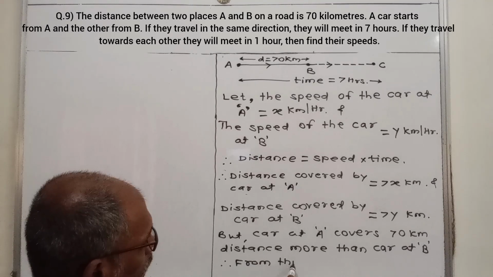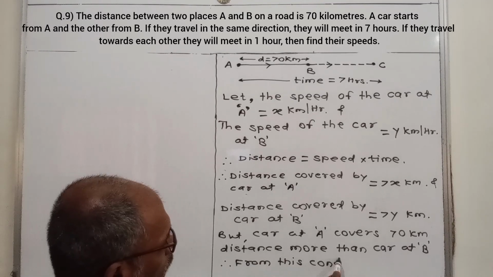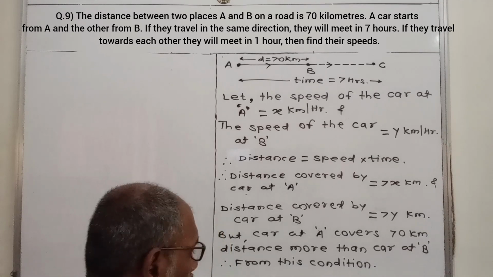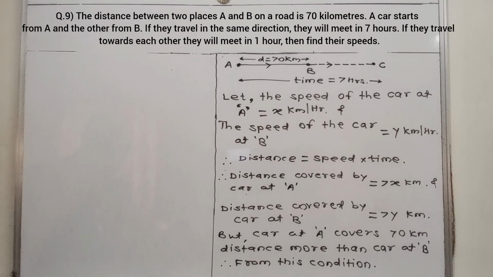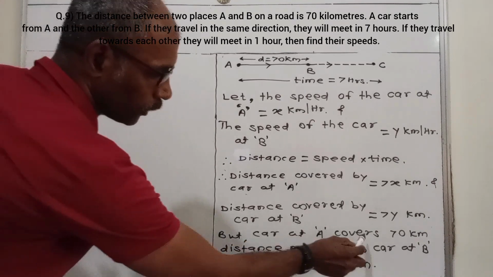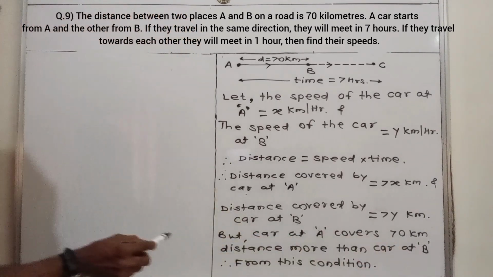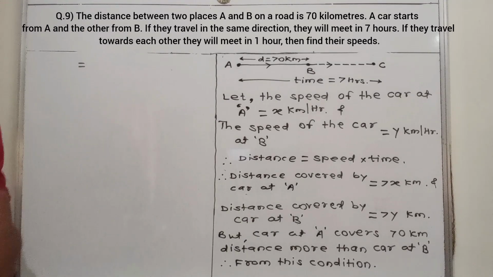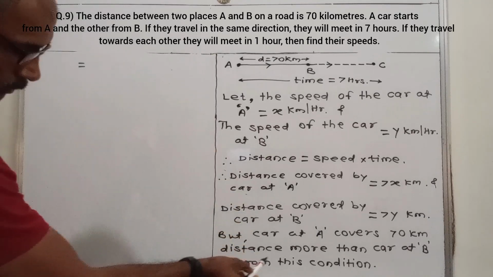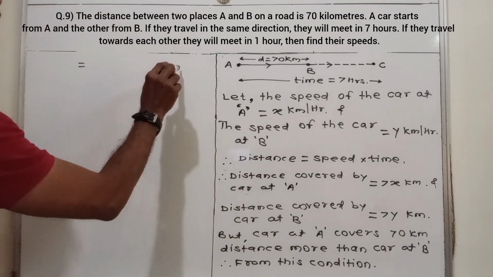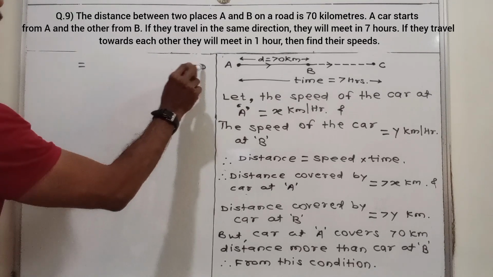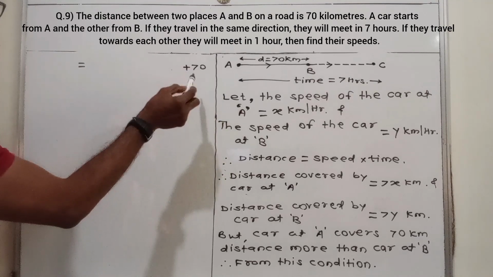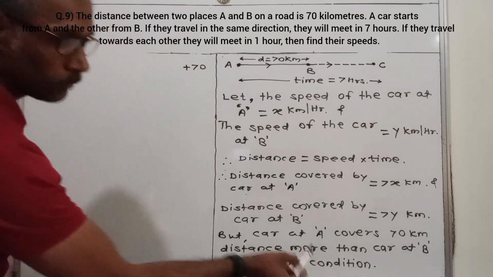From this condition, see here carefully, car at A covers 70 km distance more. See here, 70 kilometers distance more. More means plus. 70 kilometer distance more than car at B.